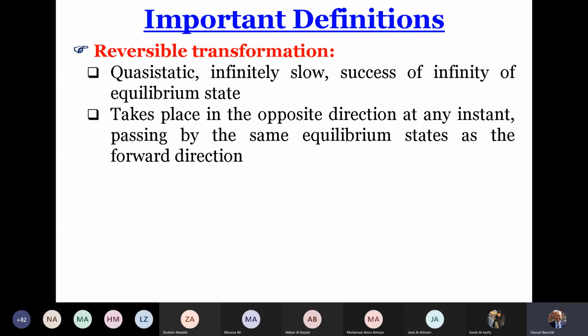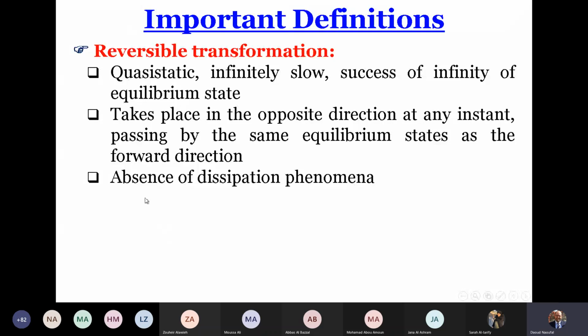What is the meaning of irreversible? It means that you have reaction or transformation in two directions. If the transformation takes place in two directions and the conditions in direction 1 are exactly the same in direction 2, so this transformation is reversible.